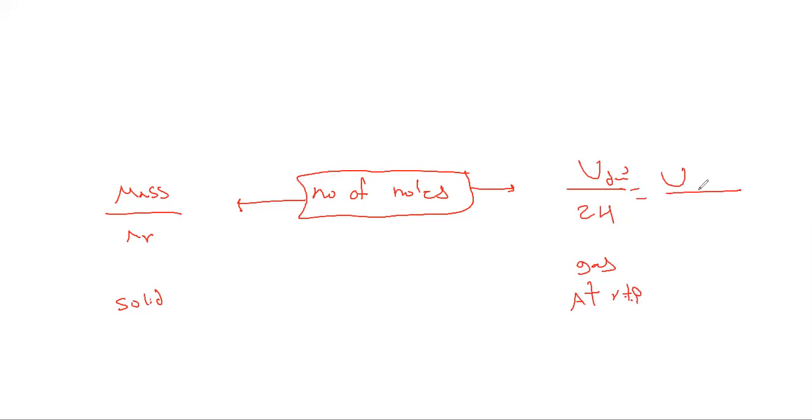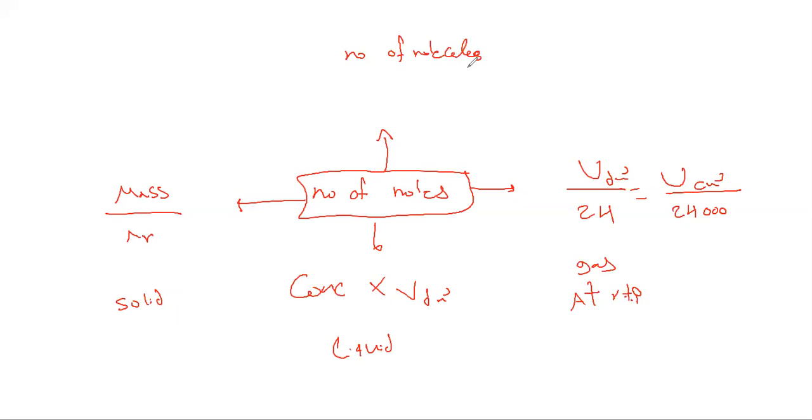Volume in centimeter cubed over 24,000. Equals concentration multiplied by volume in decimeter cubed in case of liquid. Equals number of particles, number of molecules or atoms or ions, over Avogadro's number, 6 times 10 power 23. So this is the number of moles.